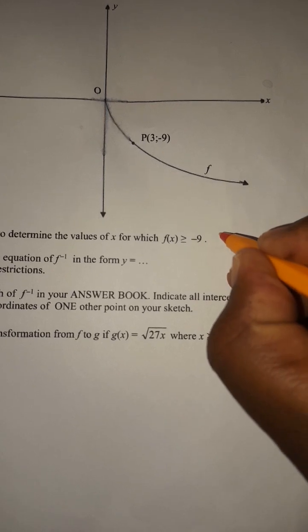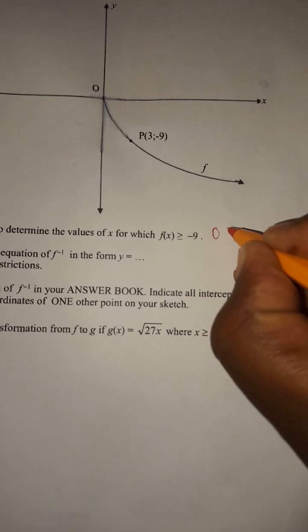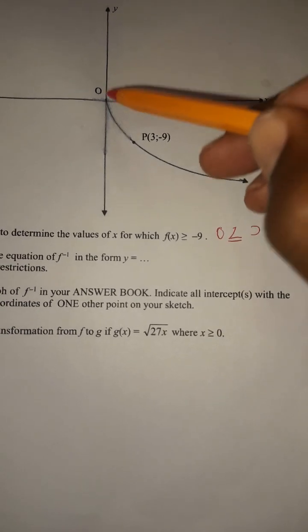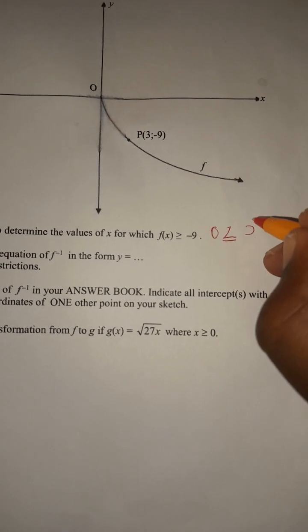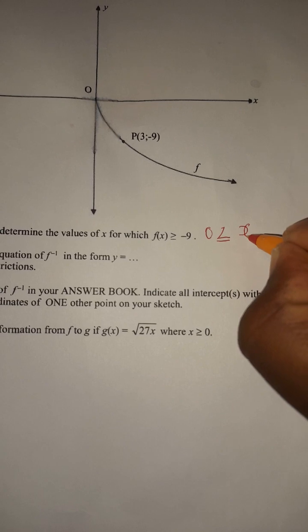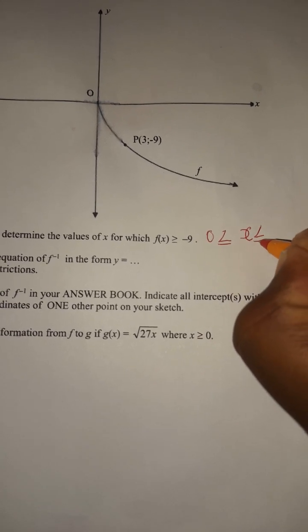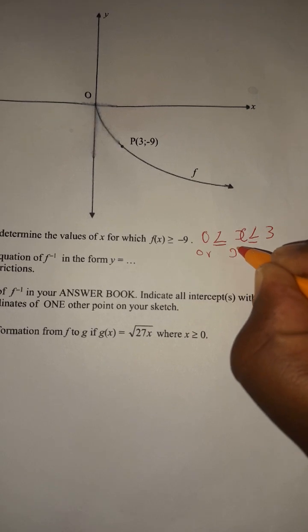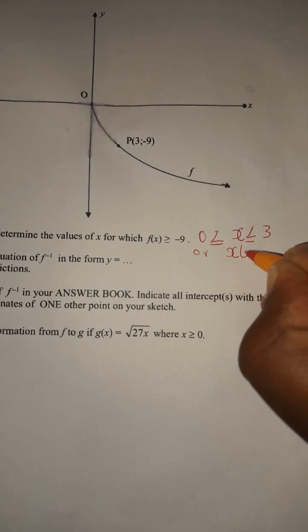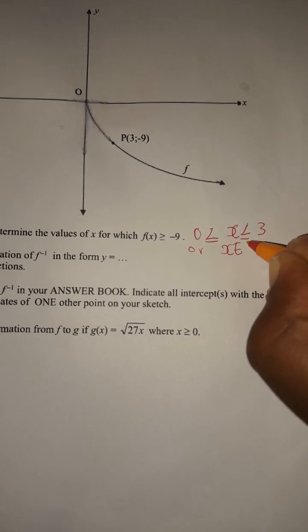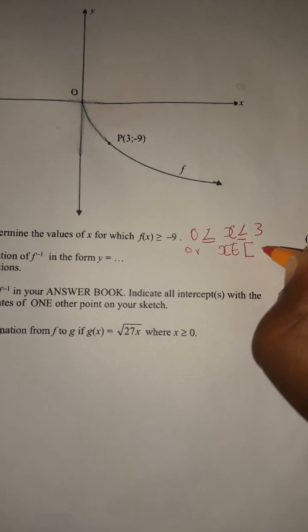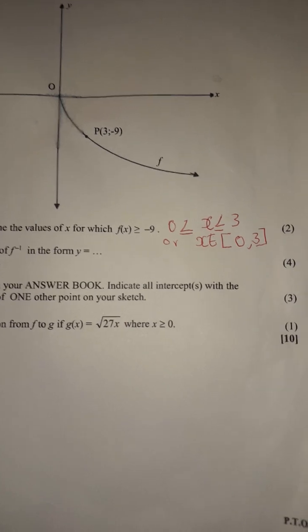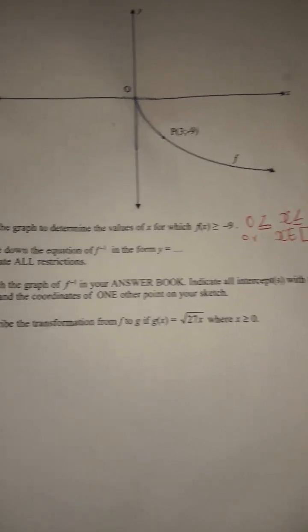So here our answer will be 0 < x ≤ 3, from 0 to 3. Or you could just say, in interval notation, x is an element of (0; 3]. Then you're still going to get those 2 marks.